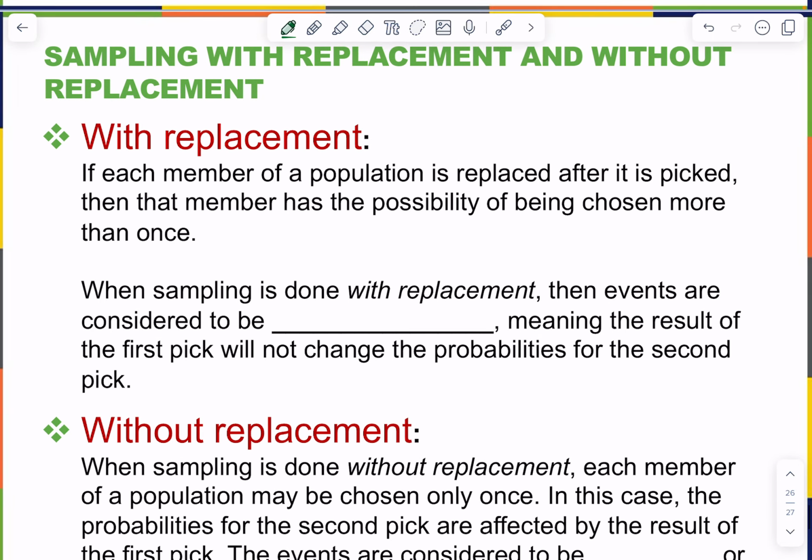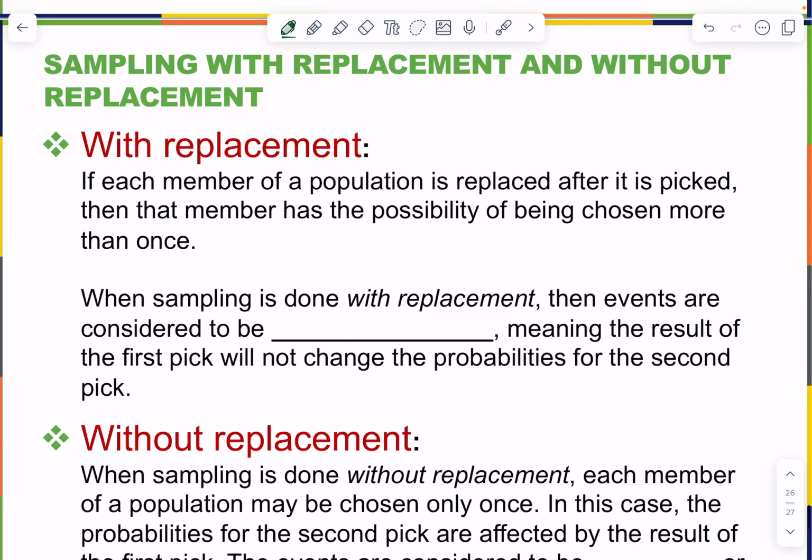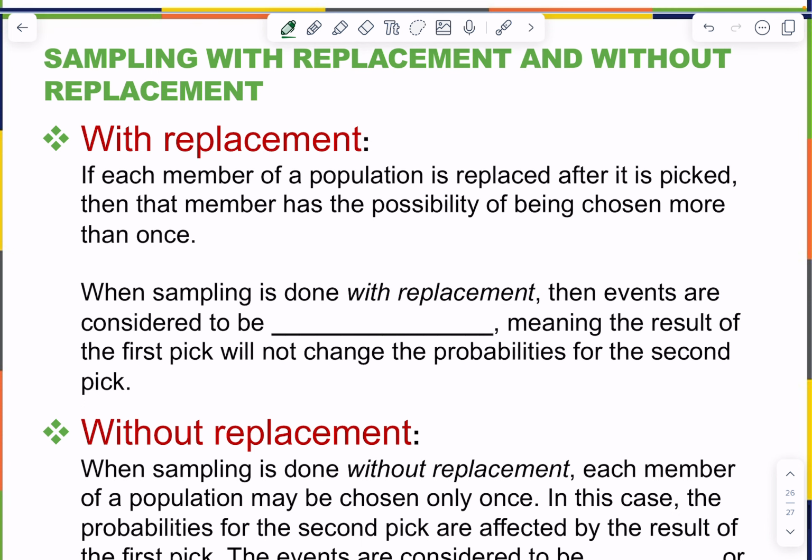When it comes to sampling, you can have independent or dependent sampling. It's going to be independent if each time you sample, you replace what you already sampled, so that you're dealing with a full deck, so to speak. If each member of a population is replaced after being picked, then the member has the possibility of being chosen more than once.